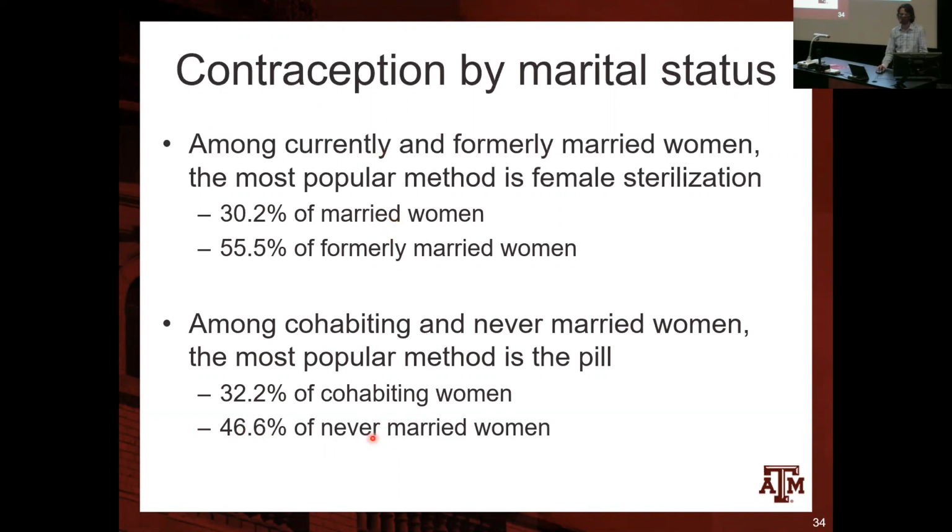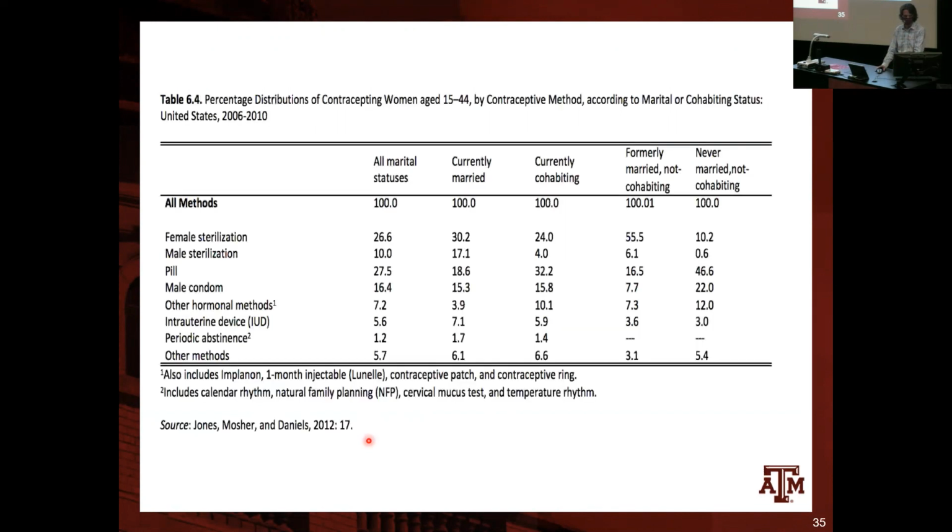Never married women might be engaged in sexual activities, but they still want to have children later on, and temporarily, at this present moment, they use the pill. And that's just the information I said below, the use of contraception by married women and cohabiting women.